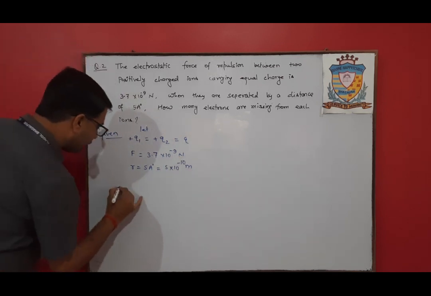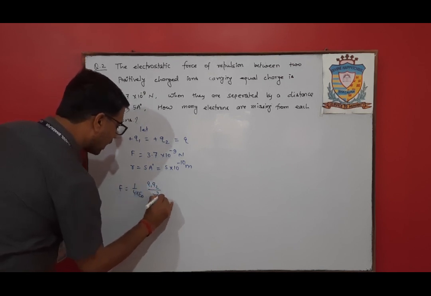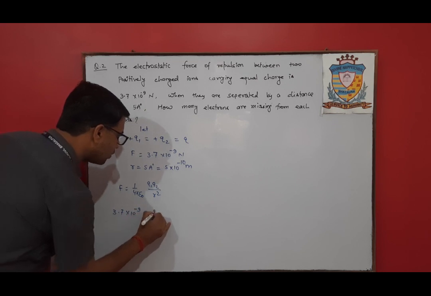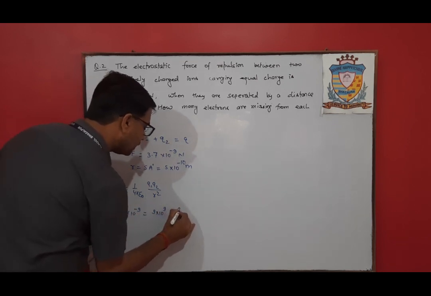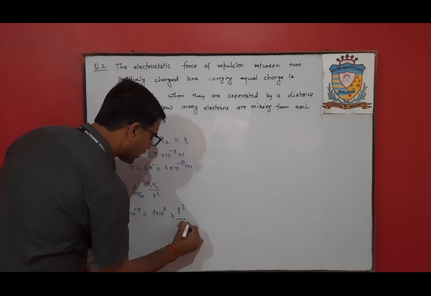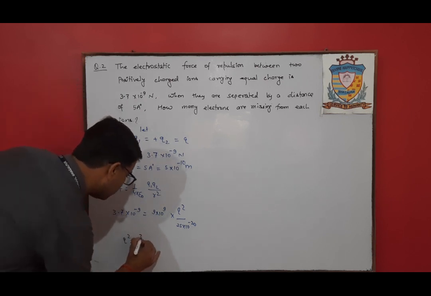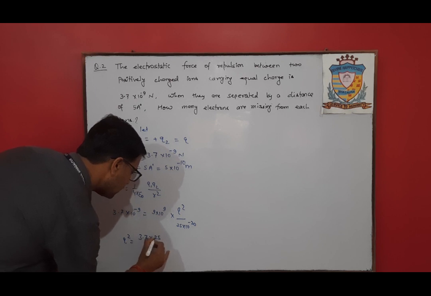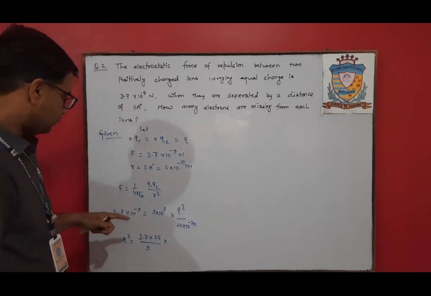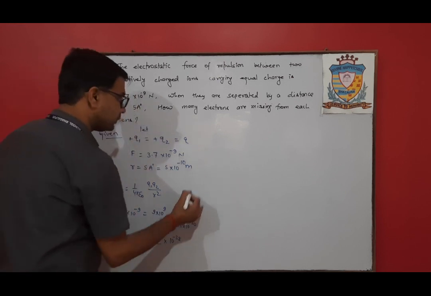So as we know, F is equal to 1 upon 4 pi epsilon naught Q1 Q2 upon R square, or 3.7 into 10 to the power minus 9 is equal to 9 into 10 to the power 9 into Q square upon R square, that means 25 into 10 to the power minus 20, or Q square is equal to 3.7 into 25 upon 9 into 10 to the power 9 minus 20, 10 to the power minus 38.